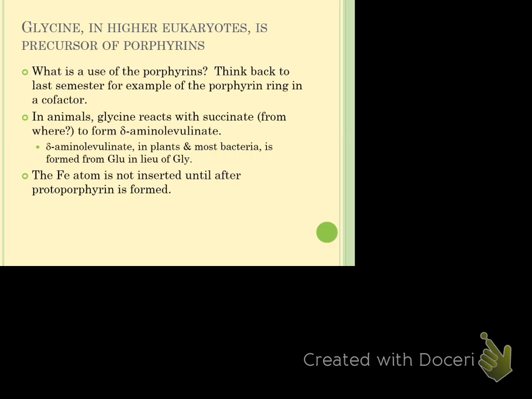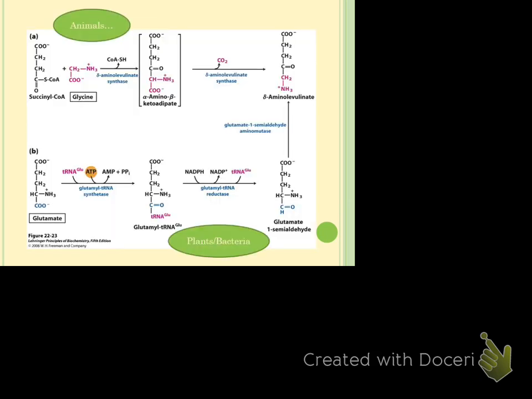So I wanted to show the beginning, animals versus plants and bacteria. We have an intermediate, but it's directly done with the synthase. I could have asked you what enzyme that was, but I didn't hide it.